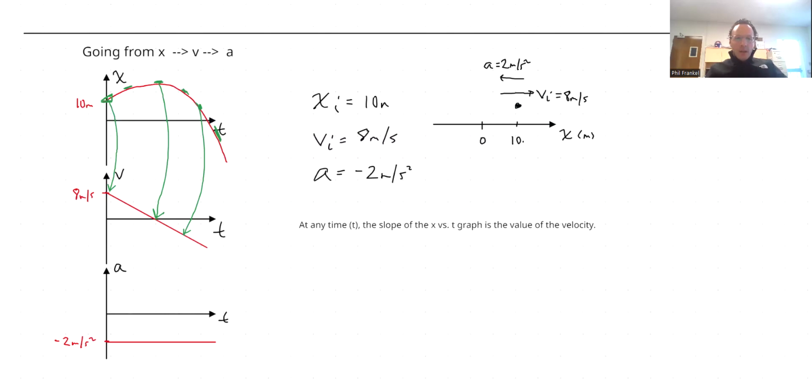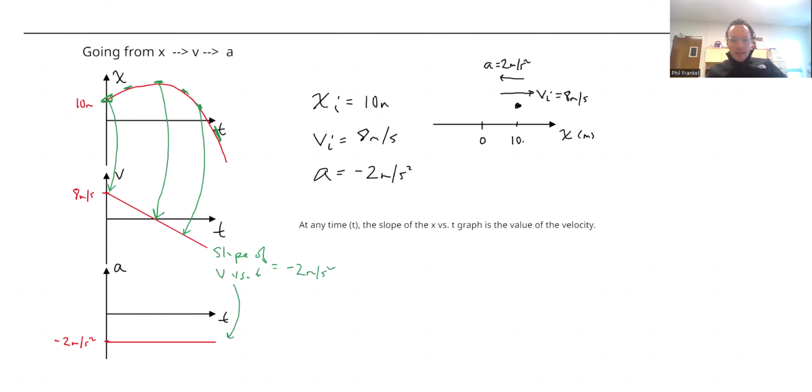Okay, we can also draw a connection here. The slope of the velocity versus time graph happens to be constant here. The slope has a value of -2 meters per second squared. And I see that that is the value of the acceleration.